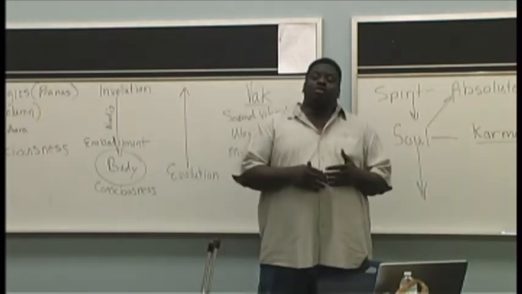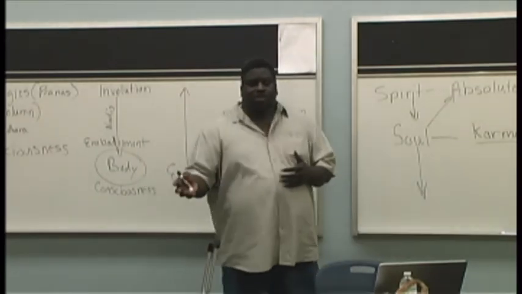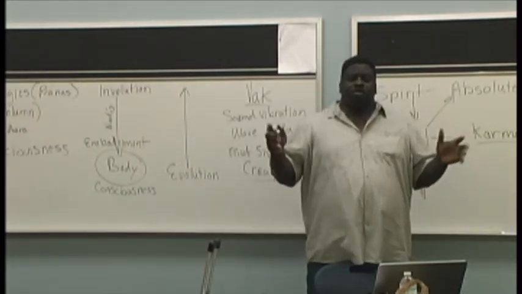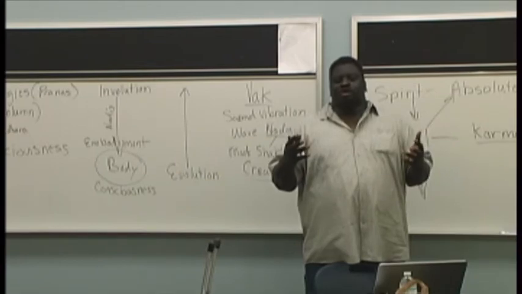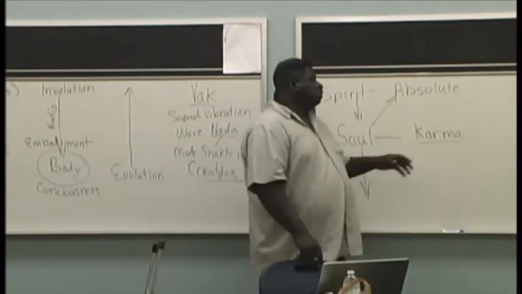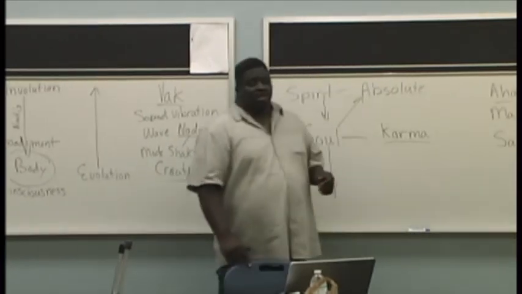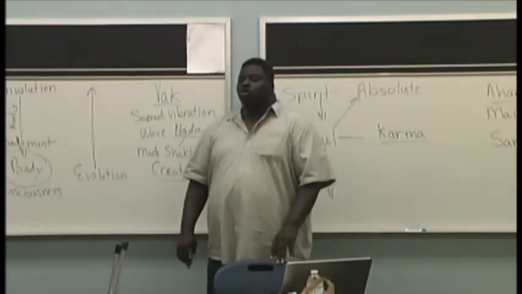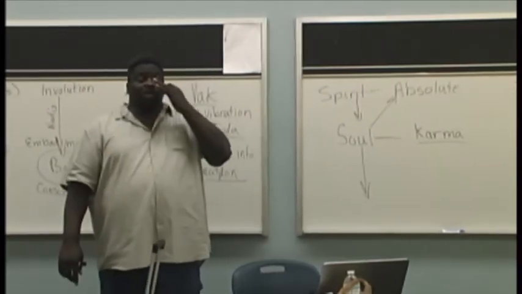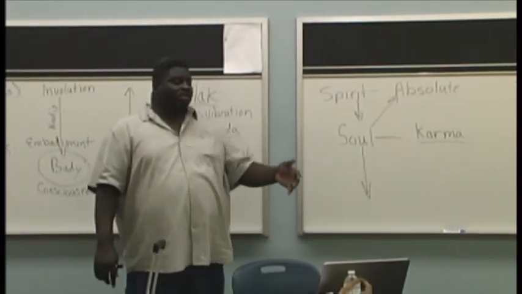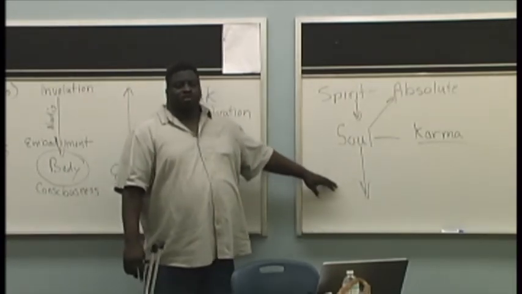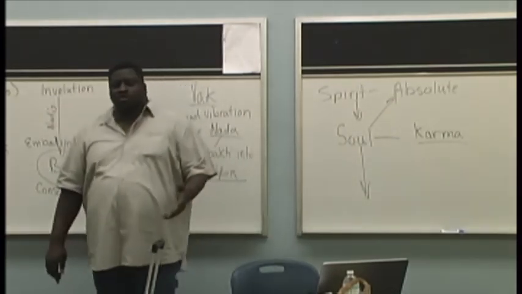The only way we can experience that bug life is if we create a device to have some type of recognition of it, right? So that's what the soul did. The soul created this thing called consciousness in order to experience life in the lowest common denominator, which is us.